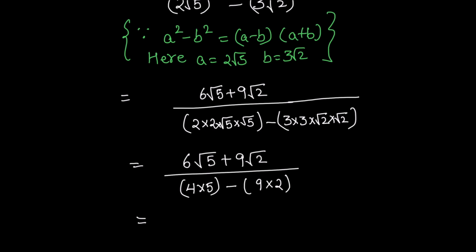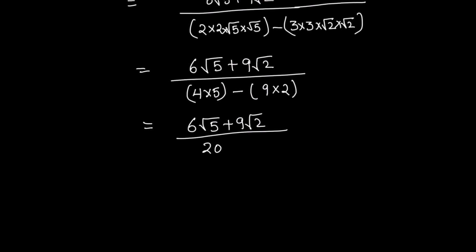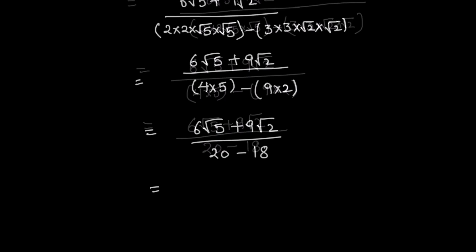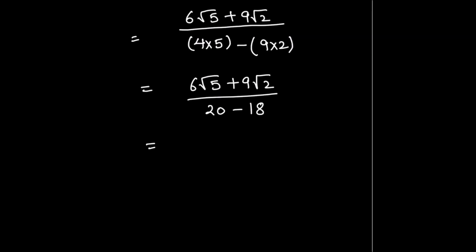So 9 times 2. So this is going to be 6 root 5 plus 9 root 2 divided by 4 times 5 is 20 minus 9 times 2 is 18. So the numerator will be 6 root 5 plus 9 root 2, and 20 minus 18 is 2.